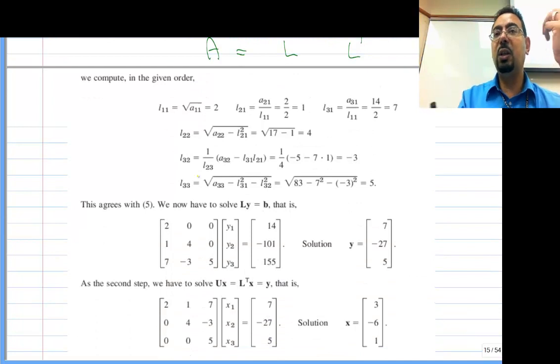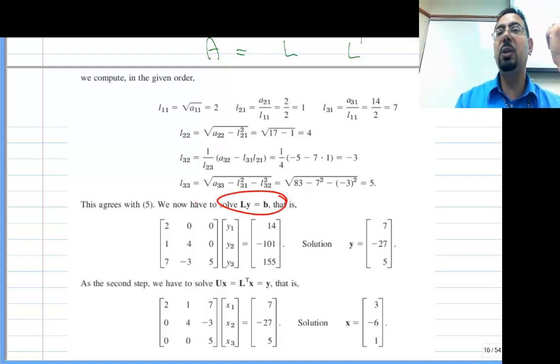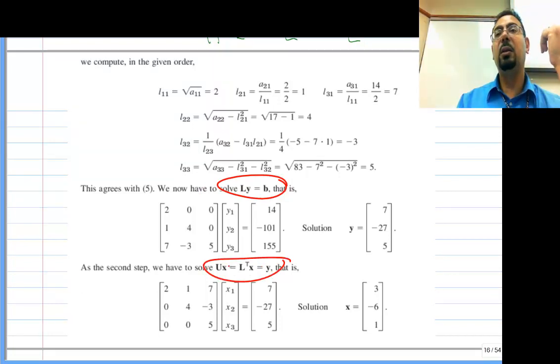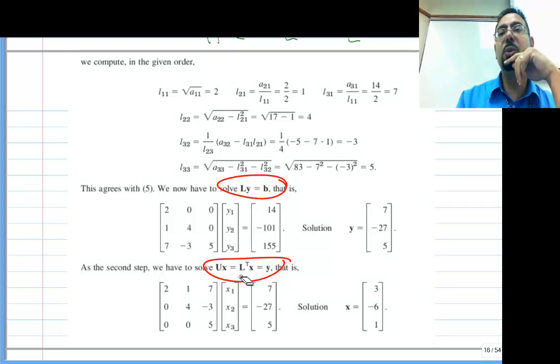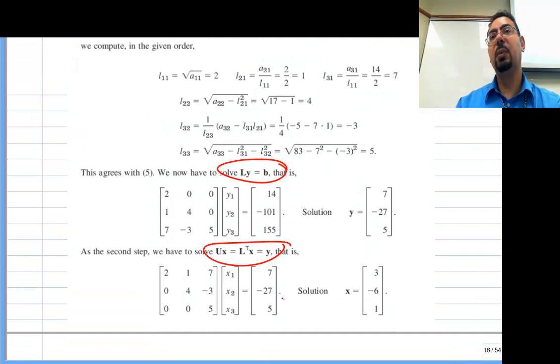And once you turn it into those two matrices, it's the same two steps again. So lower times y equals b, and once you get y, then upper times x equals y. Right? And again, the upper is not a new U, it's just the lower transpose. And you solve for y and then x. Alright?